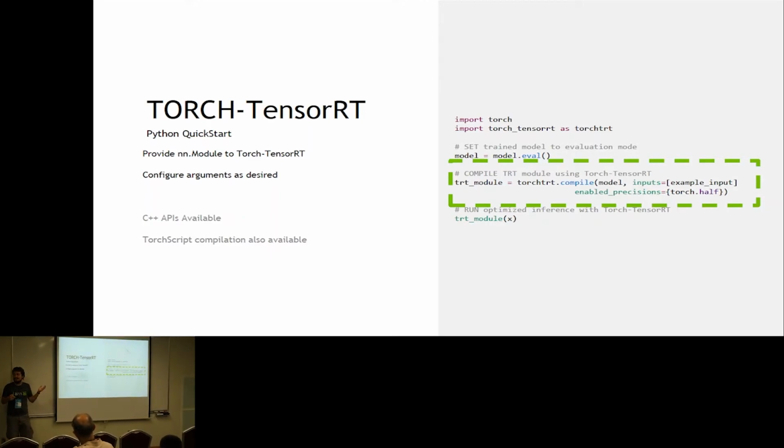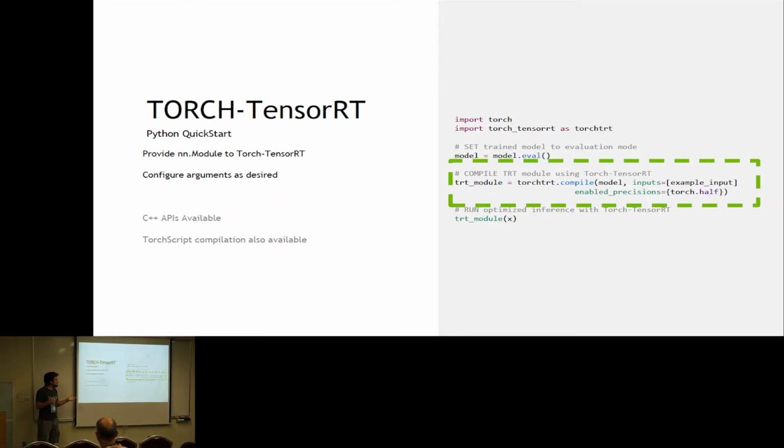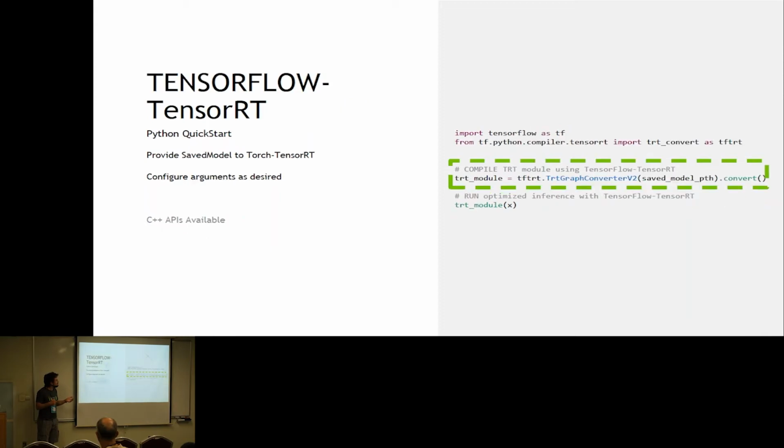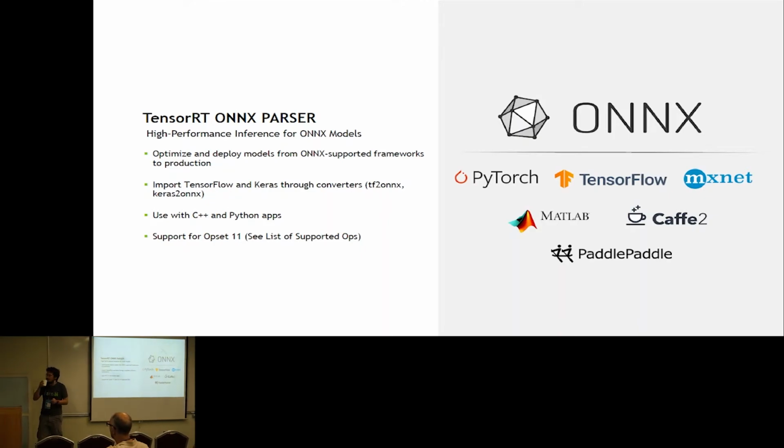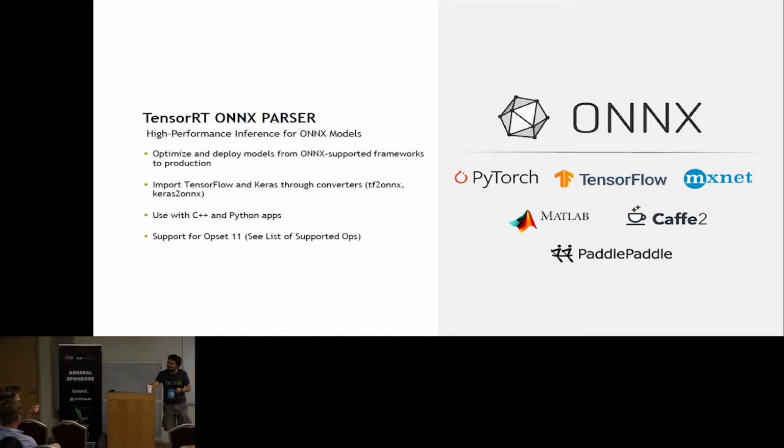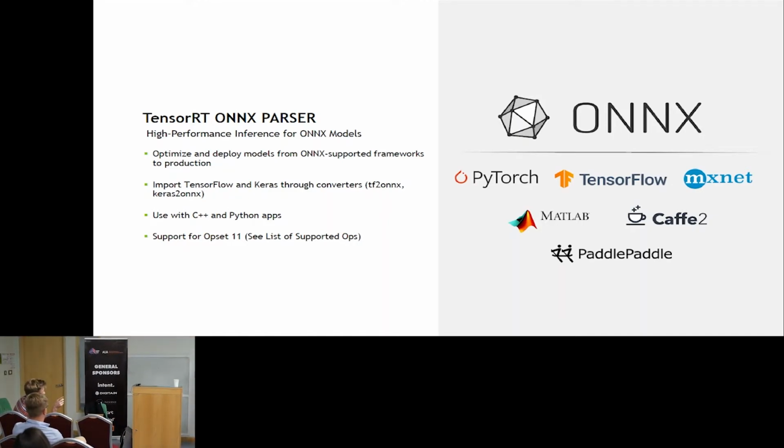So these frameworks make it very easy to compile your models. Basically, one line in Torch, one line in TensorFlow. But it's only for FP16. If you want the one-line code, it's only the quantization for FP16. Yeah, okay.